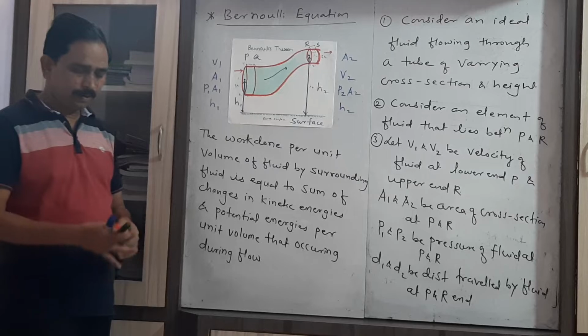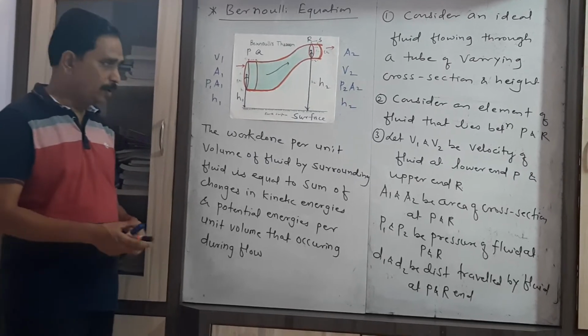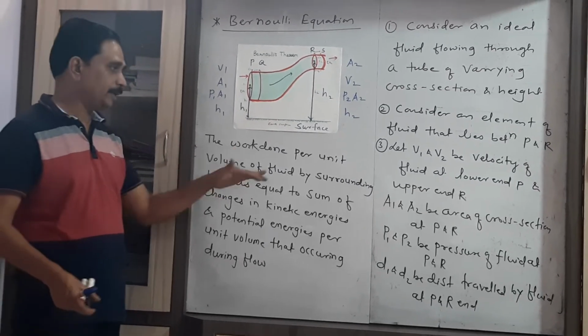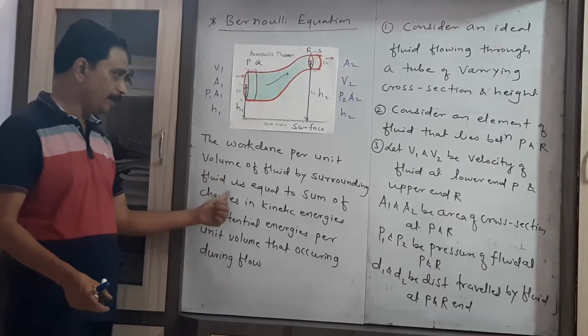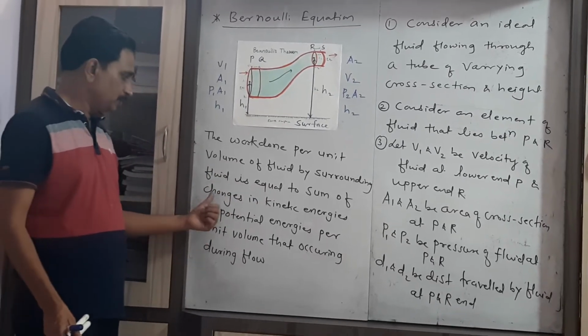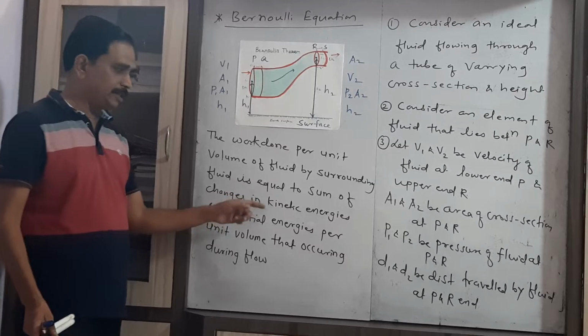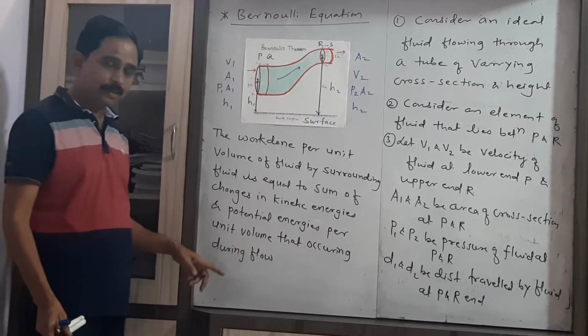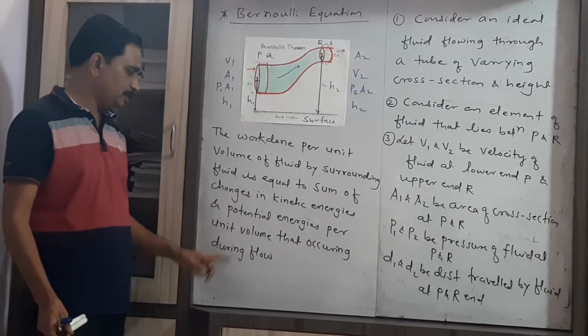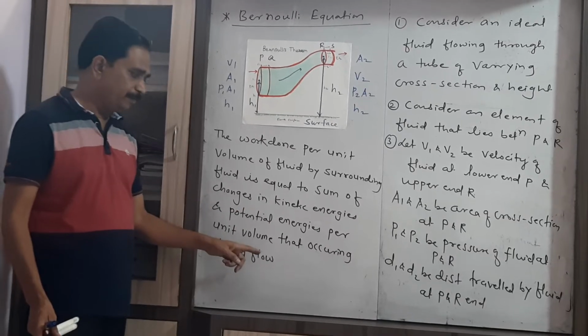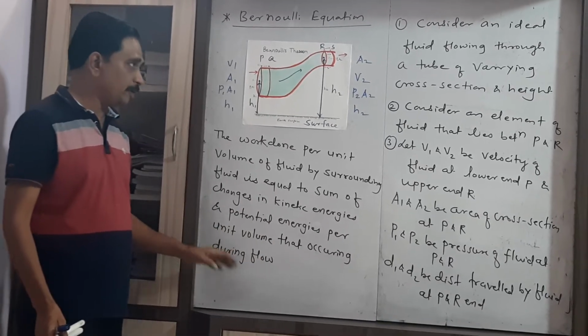The work done per unit volume of a fluid by the surrounding fluid is equal to the sum of changes in kinetic energies and potential energies per unit volume that occur during the flow.